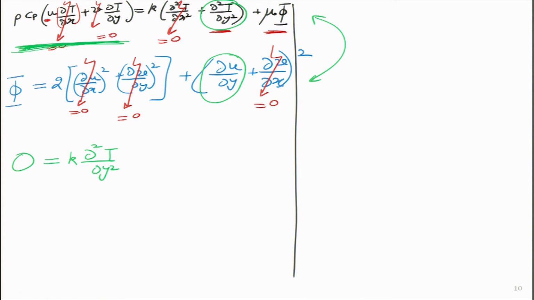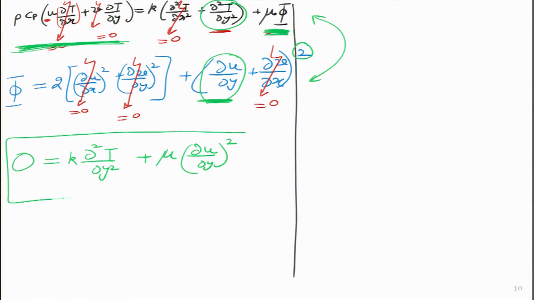That's the beauty over here. Then we only have this last term, which is mu into phi, and in phi all terms are 0 except for this one. So what we get is ∂u/∂y, but don't forget this square over here. So this is the governing equation for our energy balance.